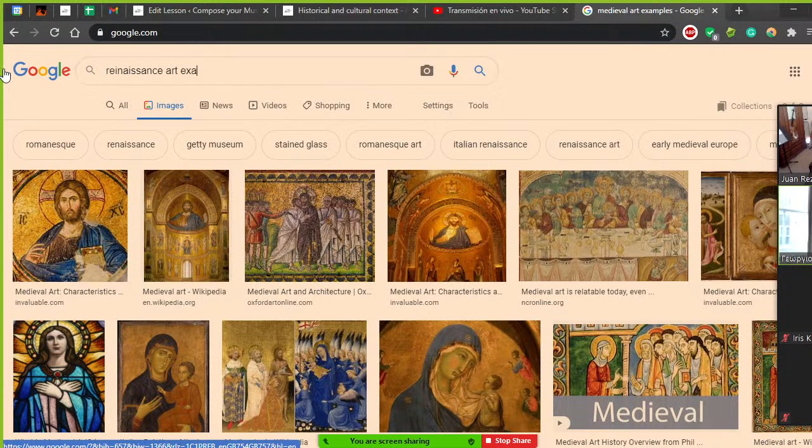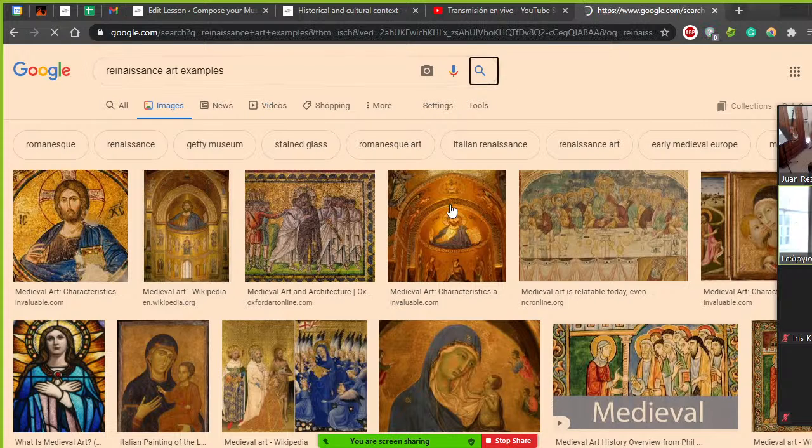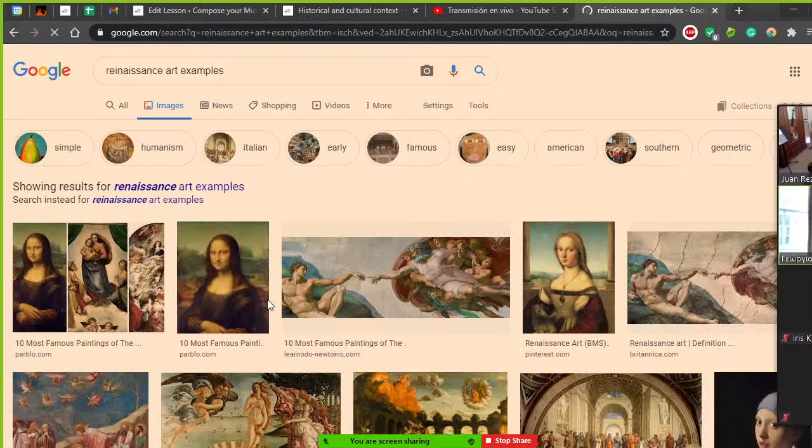Now, Renaissance art examples are also very clear. They say Renaissance, not High Renaissance, just Renaissance. That's why this is especially very brief. We're going to quickly see that this changes quite dramatically.